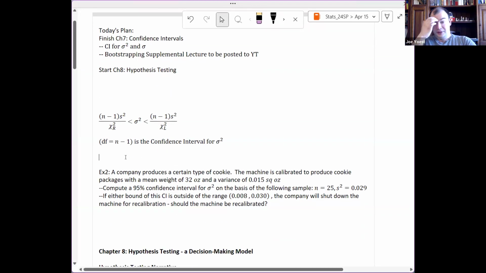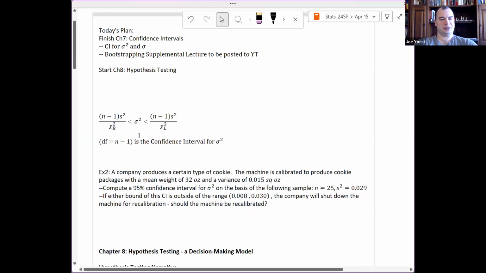Okay, so recall that our confidence interval for the variance, our upper and lower bounds look like n-1 times s squared, the point estimate for the variance, over a chi-squared number. And chi-squared was that distribution that we talked about that was right skewed. We have a chi-squared right number and a chi-squared left number.